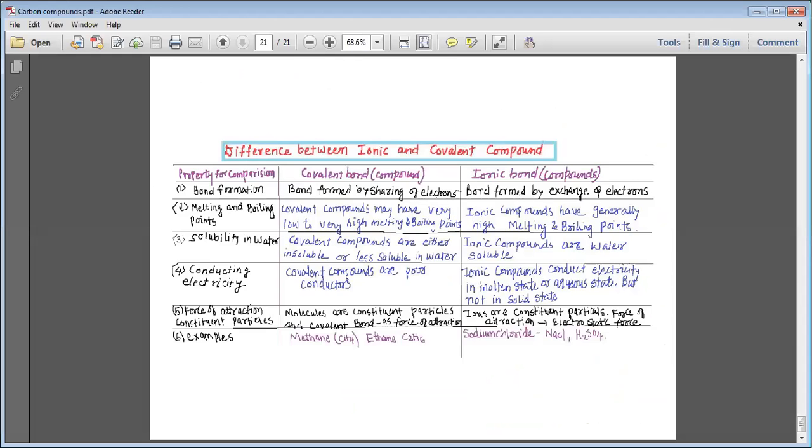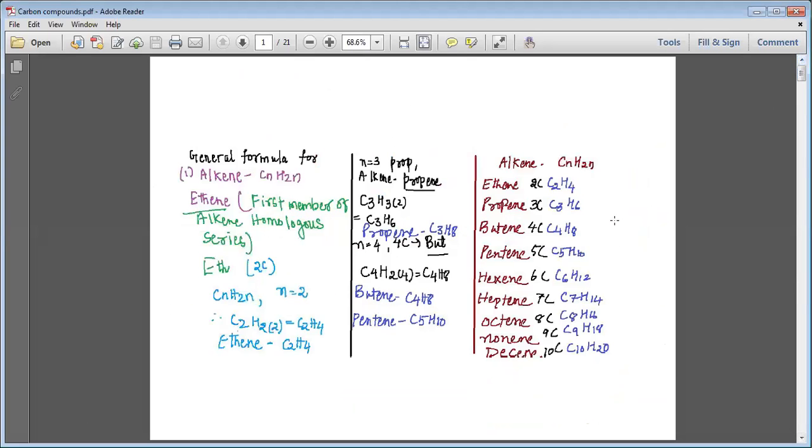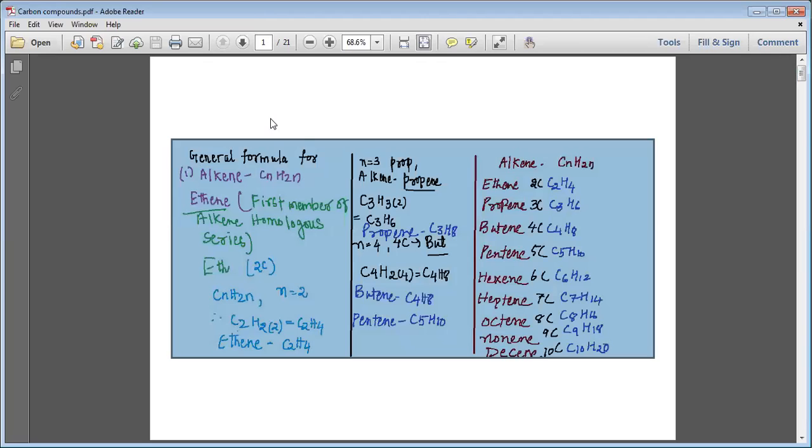Let us move forward and revise whatever we have studied yesterday. In the yesterday's class, my dear students, we have seen the general formula and the homologous series of alkene like ethene, propene, butene, pentene, hexene, heptene, octene, nonene, and decene.